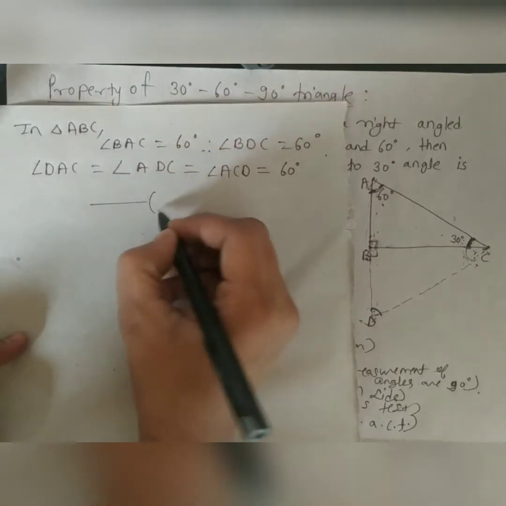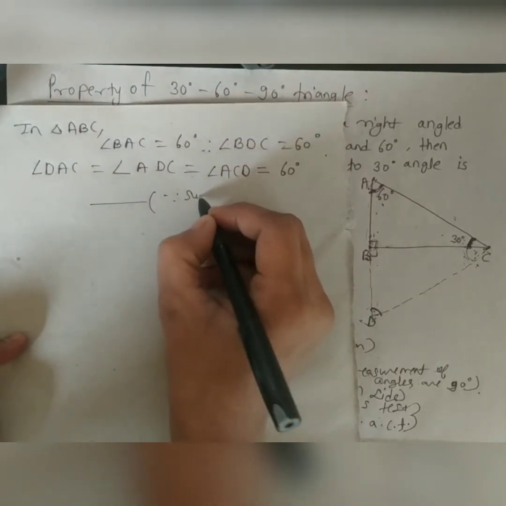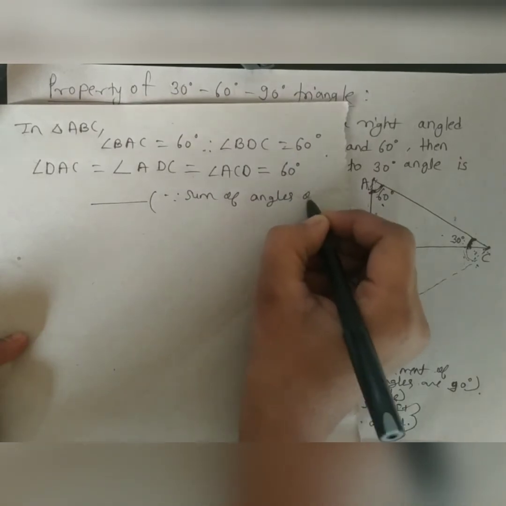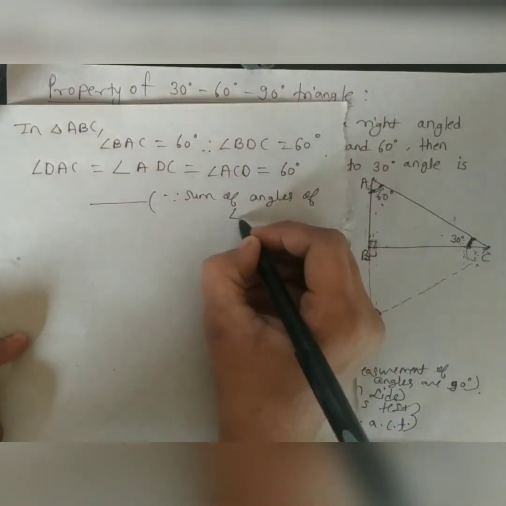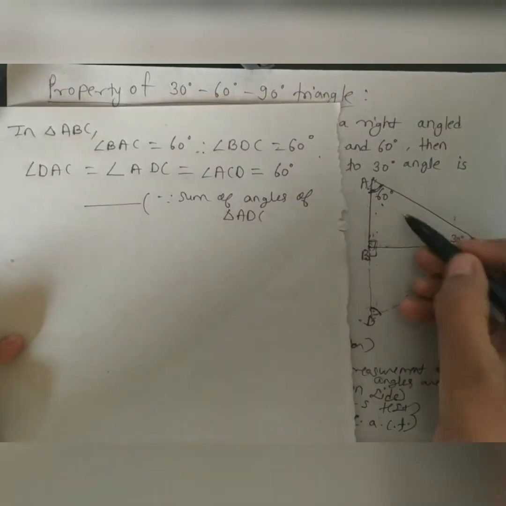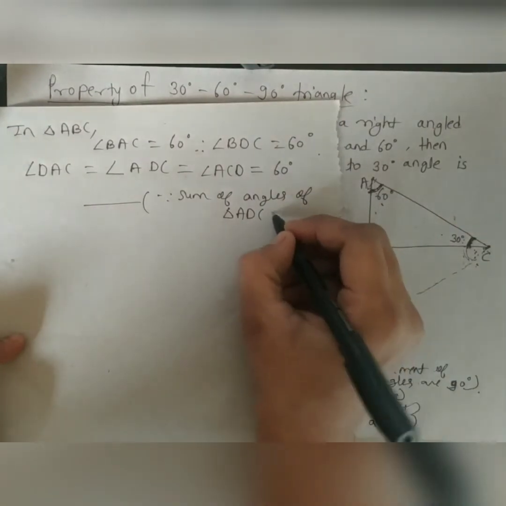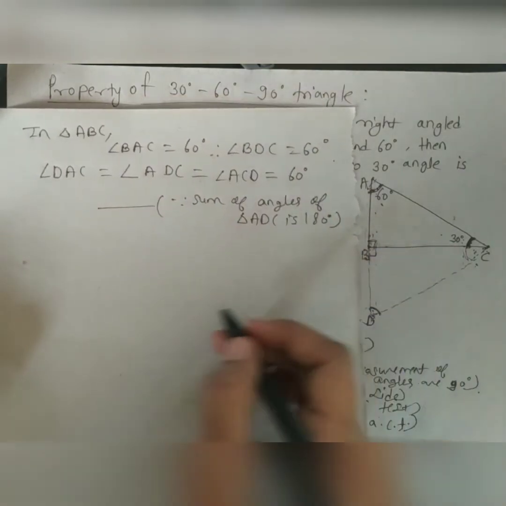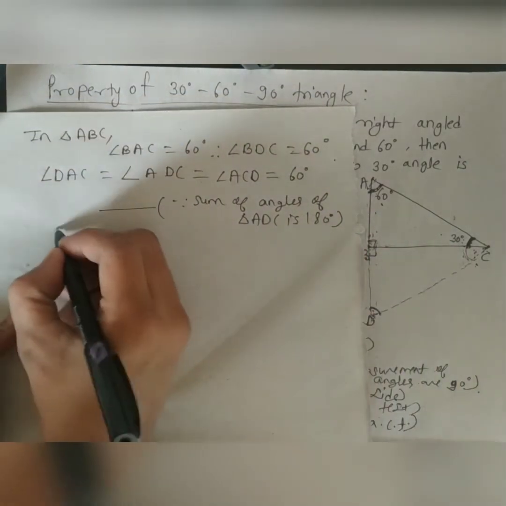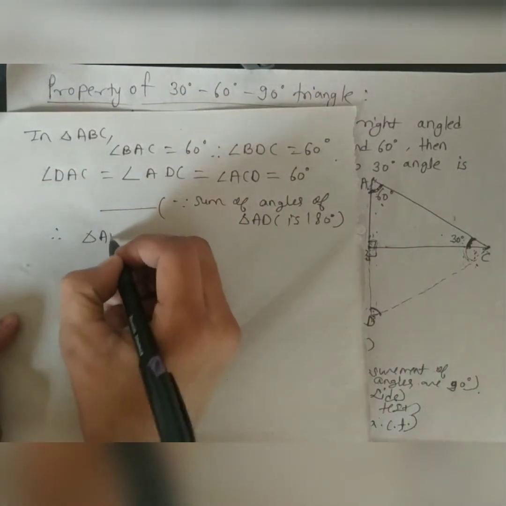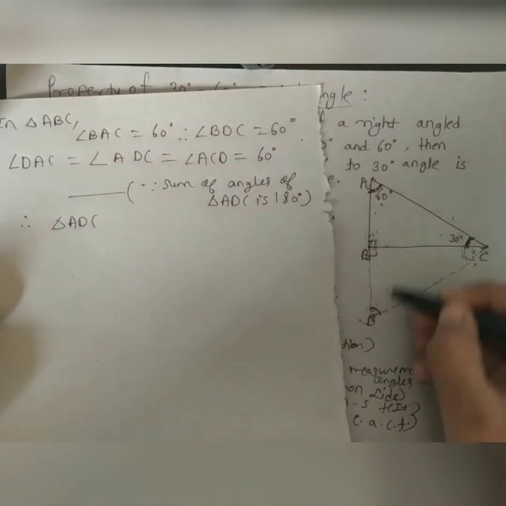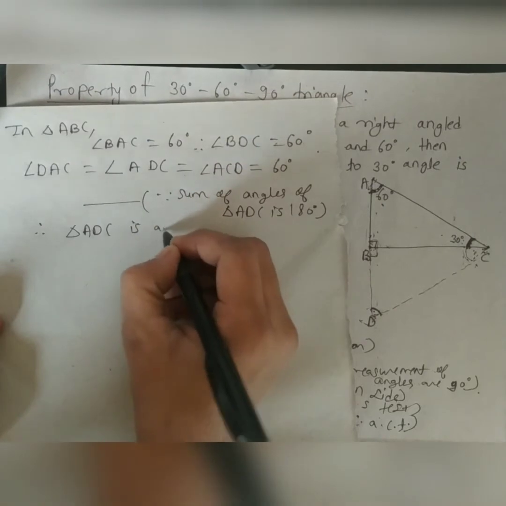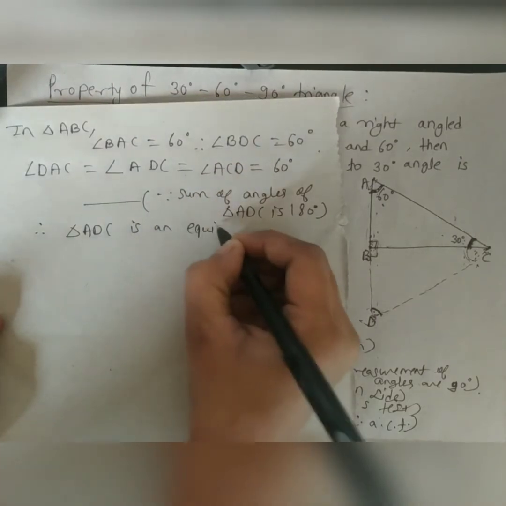And what is the reason? We write, since the sum of angles of triangle ADC is 180 degrees, therefore triangle ADC is an equilateral triangle.